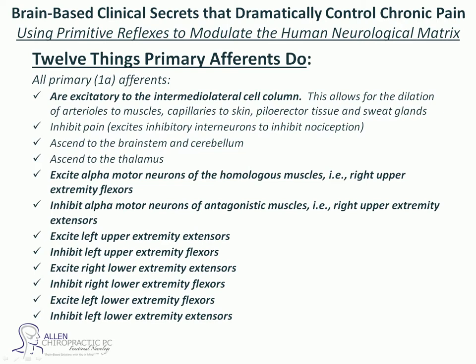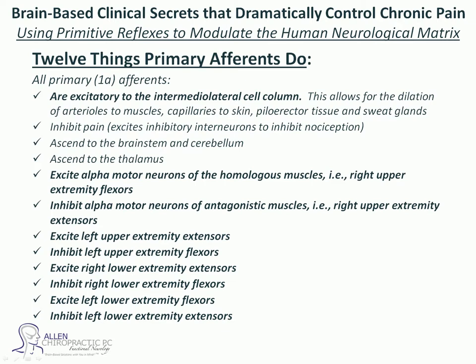Again, these 12 things that affect the function of the spinal cord are primarily the excitation of the intermediate lateral cell column, the arterioles to muscles, capillaries to skin, piloerector tissue, and sweat glands, the inhibition of pain, and the ascendance of the action potential, the nerve signal to the brainstem, cerebellum, and thalamus.